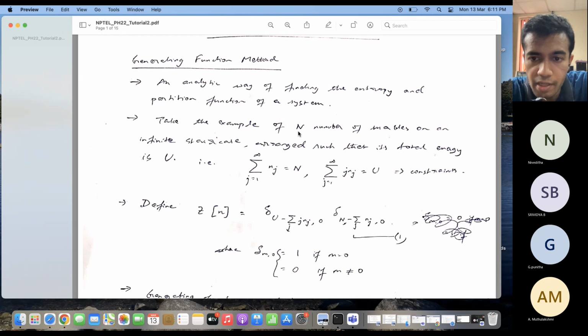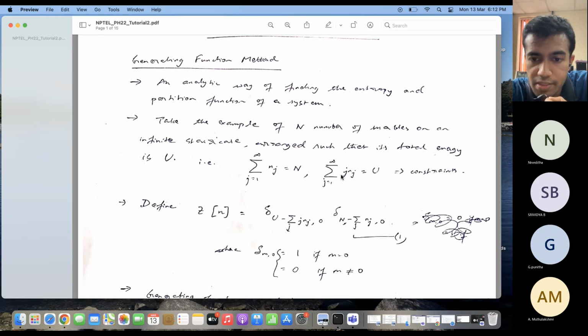So there are capital N marbles on an infinite staircase arranged in such a manner that the total potential energy is equal to U. The constraints are that the total number of marbles, that is the summation of nj, where j is the step and j goes from 1 to infinity, summation over nj is equal to N. This is the constraint on the total number of marbles, plus this is the constraint on the total energy.